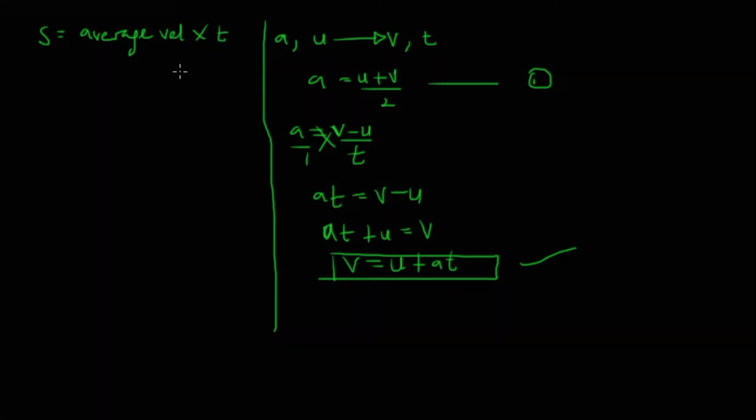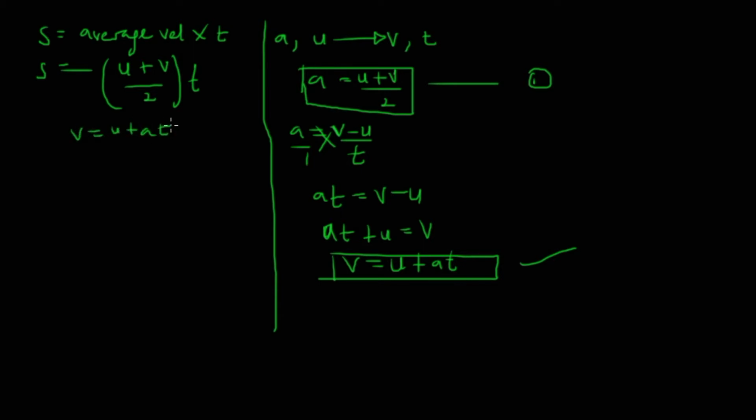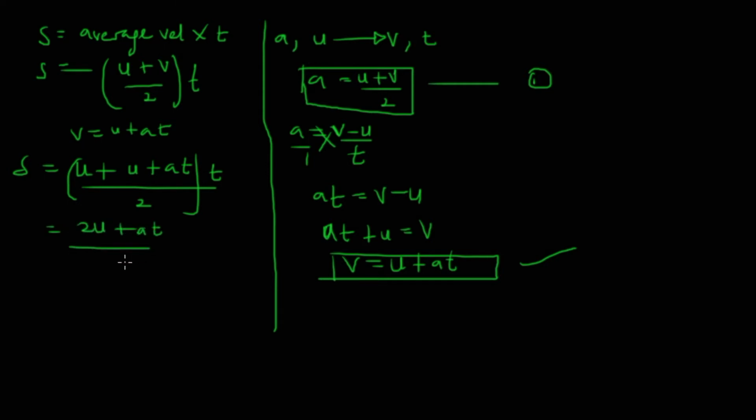The distance moved by that object is equal to its average velocity multiplied by time. Remember that its average velocity is (u plus v) upon 2, so that it becomes (u plus v) upon 2 multiplied by time. But recall that v is equal to u plus at, so s is equal to (u plus u plus at) upon 2 then multiplied by t, that is (2u plus at) upon 2 then t.